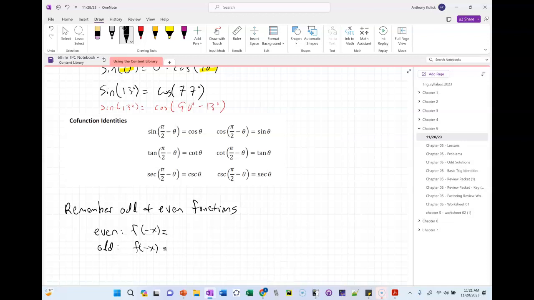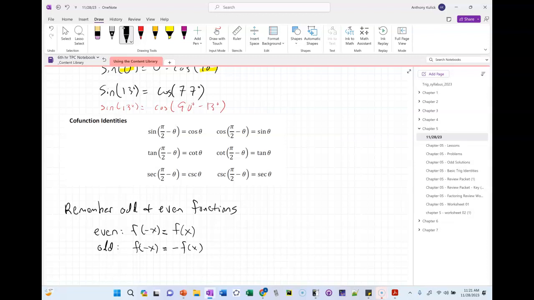It starts f of negative x equals f of x. And what's the odd one then? f of negative x equals negative f of x, right?